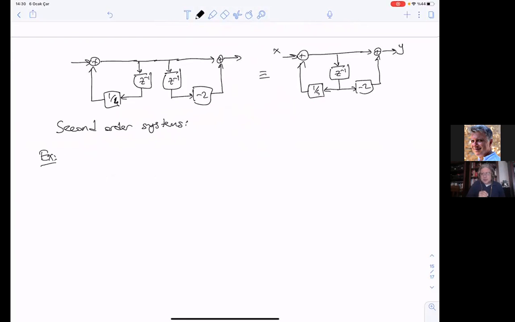Let's do it on a numerical example because things will be easier to understand over there. H(z) = 1 over (1 plus 1 over 4 z to the minus 1 minus 1 over 8 z to the minus 2). It is second order, as you see, because the denominator z polynomial extends all the way up to z to the minus 2. And let's assume it's, again, causal.